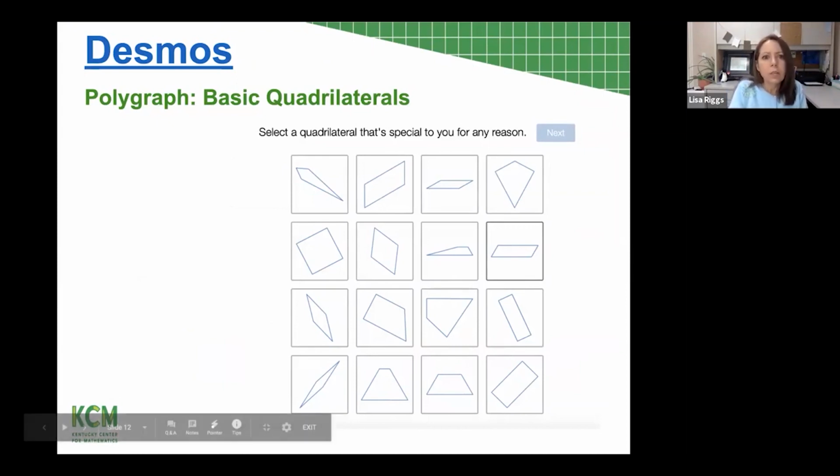So I'm going to stop my share for just a minute, and we're going to take a look at a Desmos activity if you guys want to be students. I'm going to put the link in the chat. Unless you're working from a phone, it should work on a tablet or a computer.